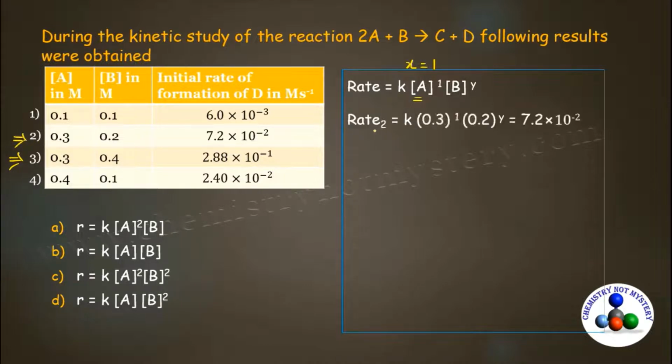So you will get rate 2 equal to rate constant multiplied by 0.3 raised to 1 multiplied by 0.2 raised to the power y is equal to 7.2 into 10 raised to minus 2. For set 3, you will get rate 3 equal to rate constant multiplied by 0.3 raised to 1 multiplied by 0.4 raised to power y is equal to 2.88 into 10 raised to minus 1.